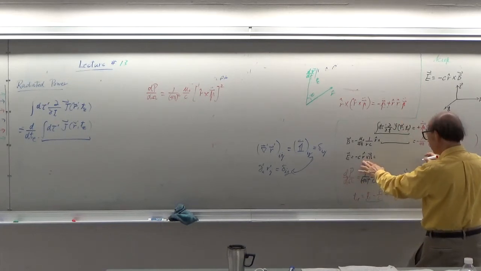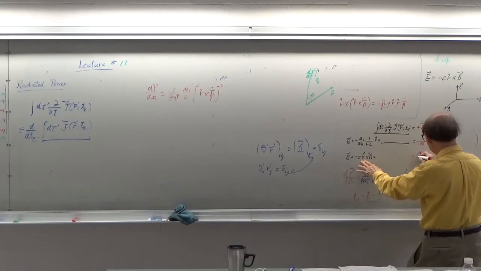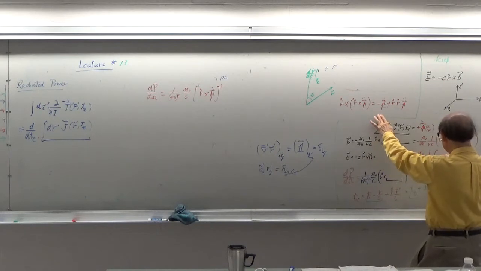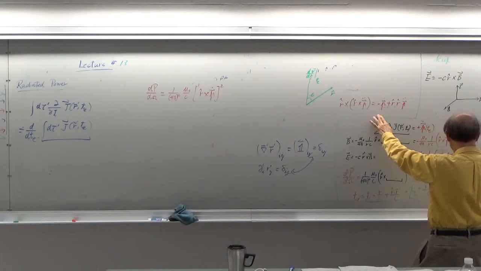So this is equal to minus plus, c cancels, so mu naught over 4 pi, 1 over r, of minus p double dot plus r hat, r dot p double dot.